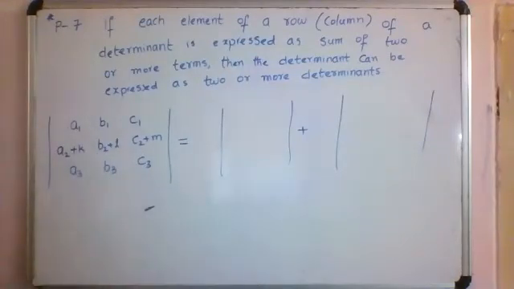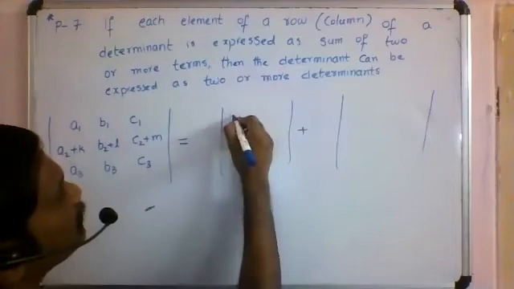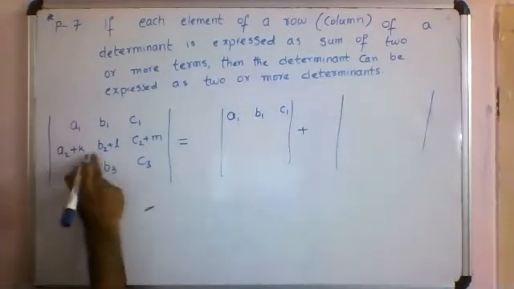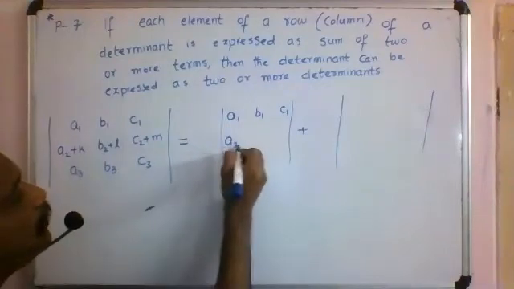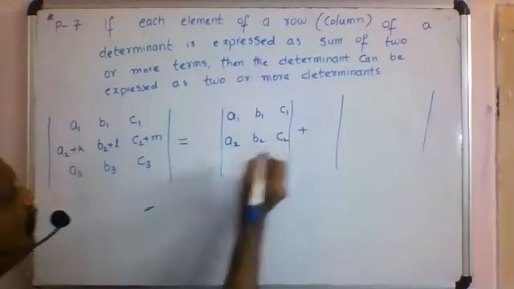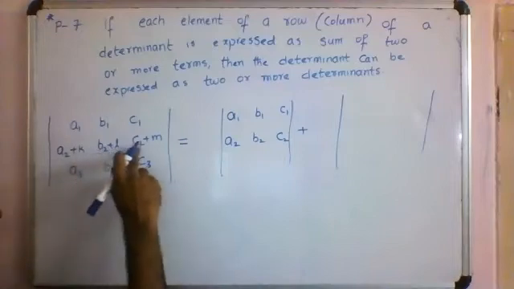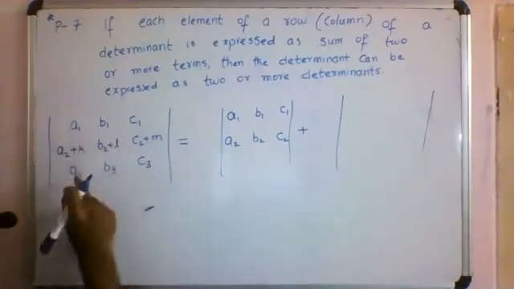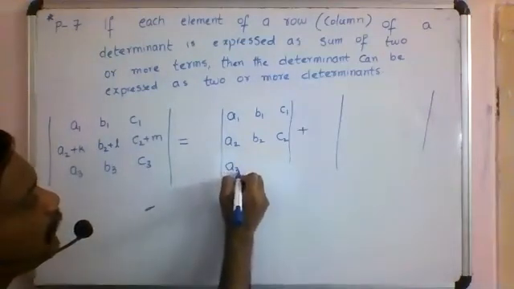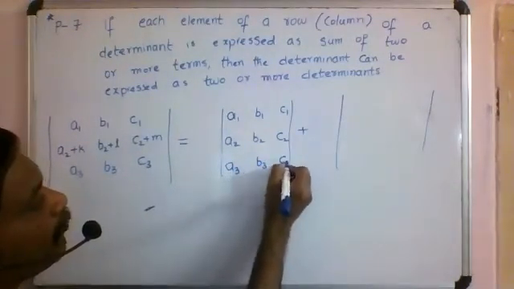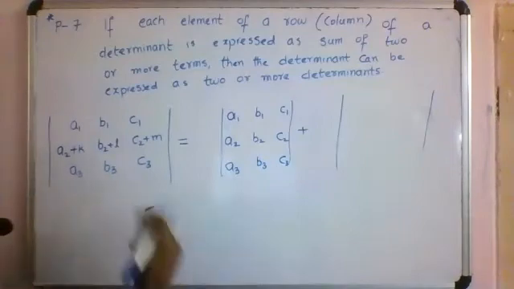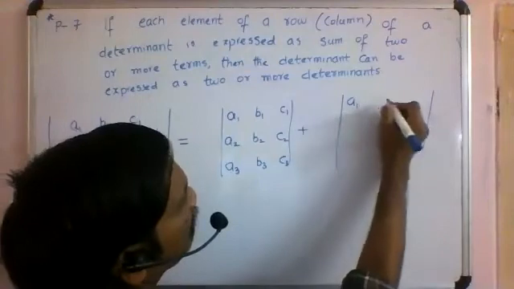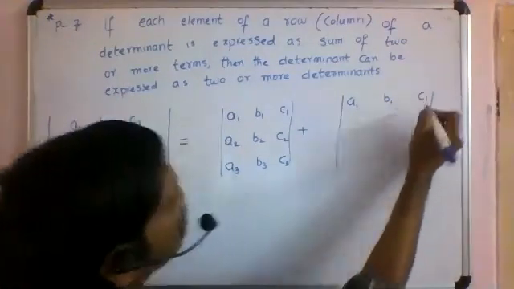Now, this is nothing but A1, B1, C1, A2, B2, C2, A3, B3, C3, all first numbers in the terms, plus A1, B1, C1.